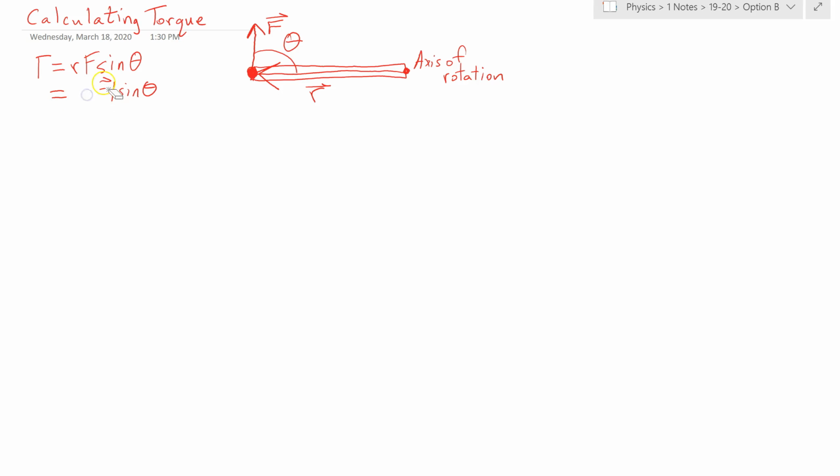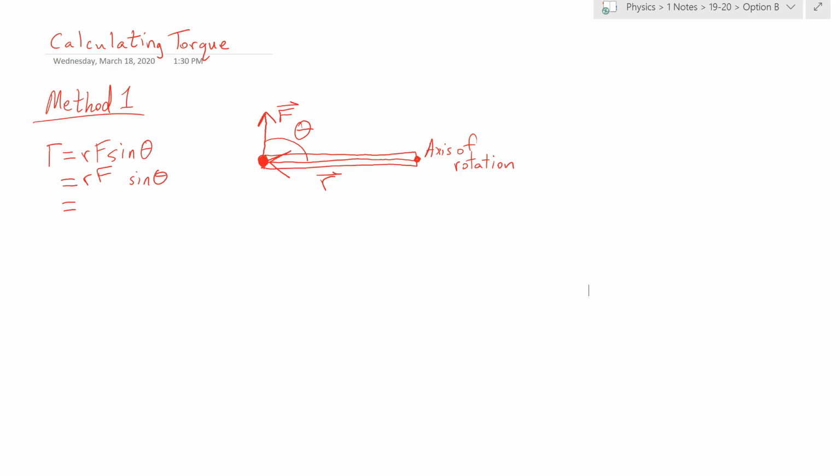And they don't care if you write the formula with magnitude like that. But the simplest way to understand calculating torque is just straight up use the formula. Find the magnitude of r, find the magnitude of F, find theta, plug everything in. It gives you a number. We'll call that method 1.